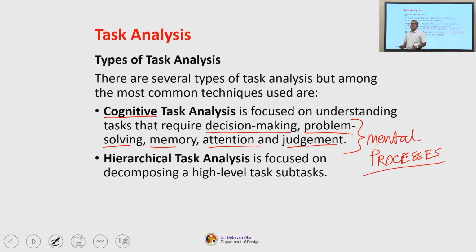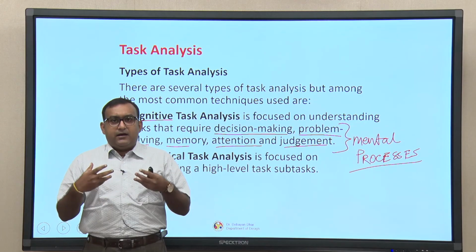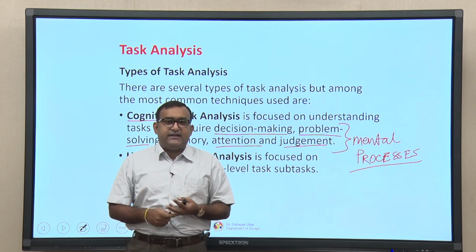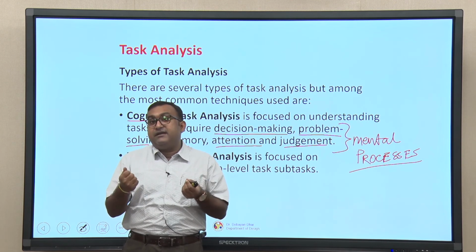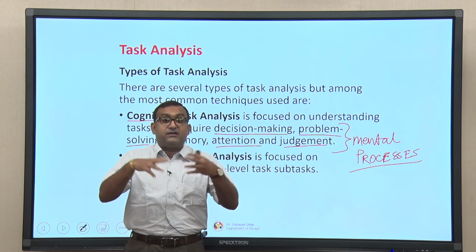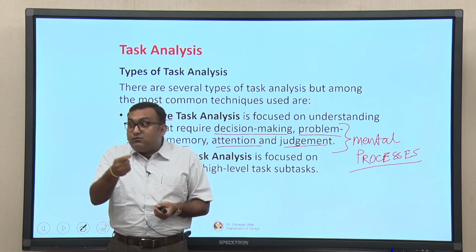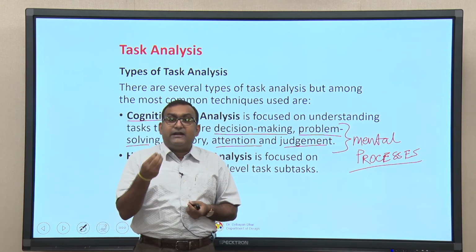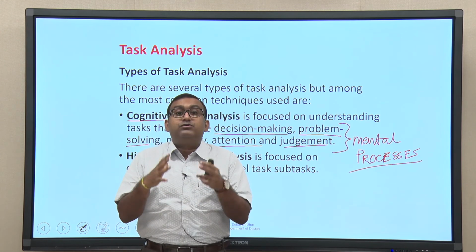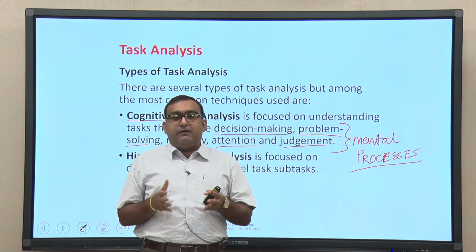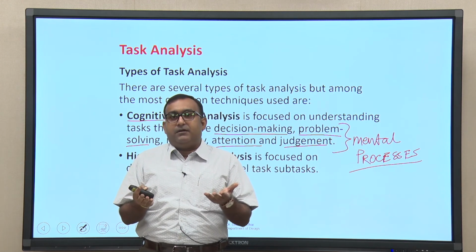So, in a cognitive task analysis, the focus of the study is on the cognitive processes, that means the mental processes, and these include how users take decisions, how they solve a problem, or how they get out of a situation if they reach a phase where they encounter an error, and how they process information from memory, how they retrieve information from memory, how they recognize and recall, what cues in your software or interface attract the attention of your users, and how they make judgments about the experience that they are being exposed to.